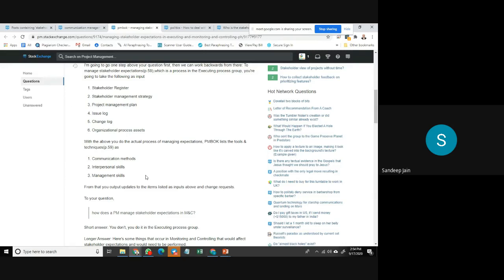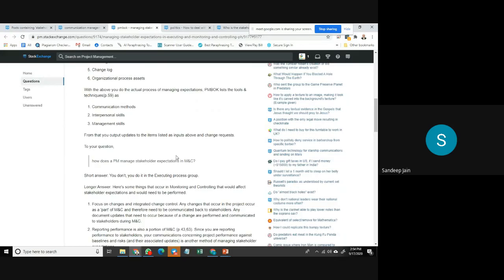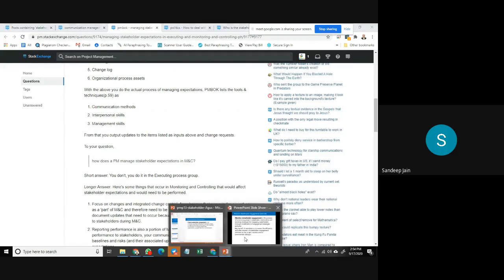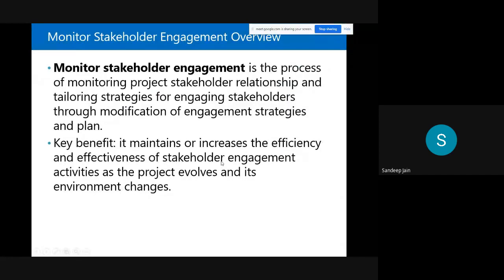And then somebody can directly talk to the stakeholders to find out if they are satisfied with the project progress. These are the ways on the ground that can be used for monitoring and controlling the stakeholder engagement.